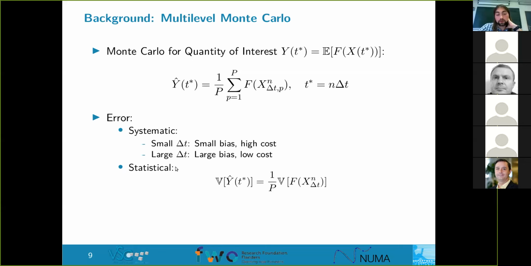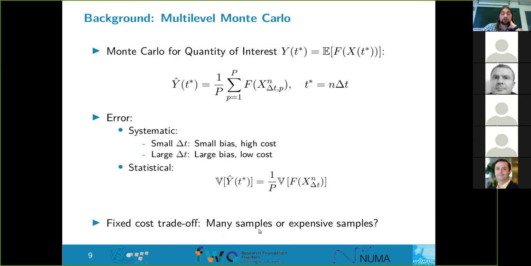And then on the other hand, we also have a statistical error, and that scales with the number of trajectories that we can simulate. So the more trajectories we have, the less noise there is on the output, the more certain our output is. And that gives us the so-called bias variance trade-off or fixed cost trade-off. And the question is, if we have a certain computational budget, how many samples do we take? So how many trajectories do we simulate?